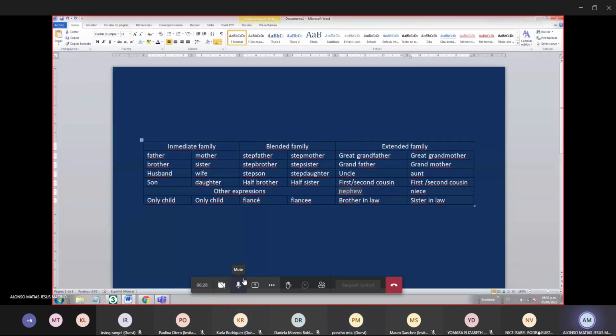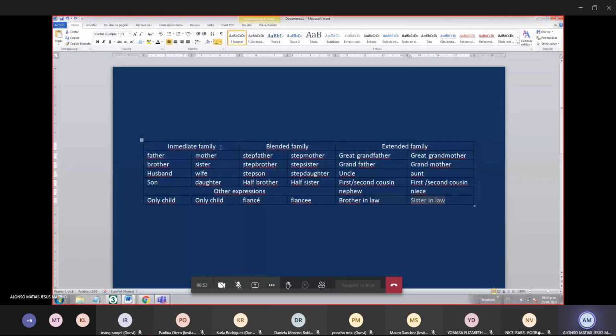Then we have nephew, and niece. Then we have brother-in-law and sister-in-law. Okay. Thank you. That is right. That is correct. That is great.